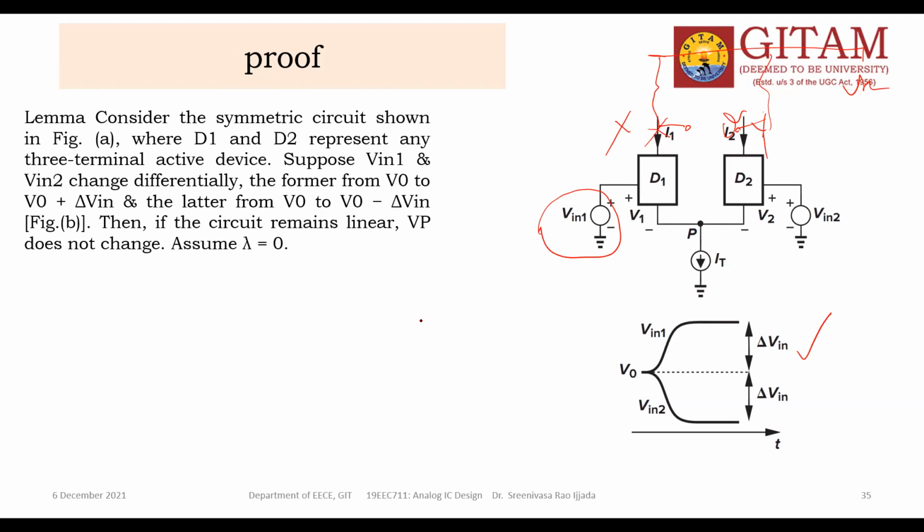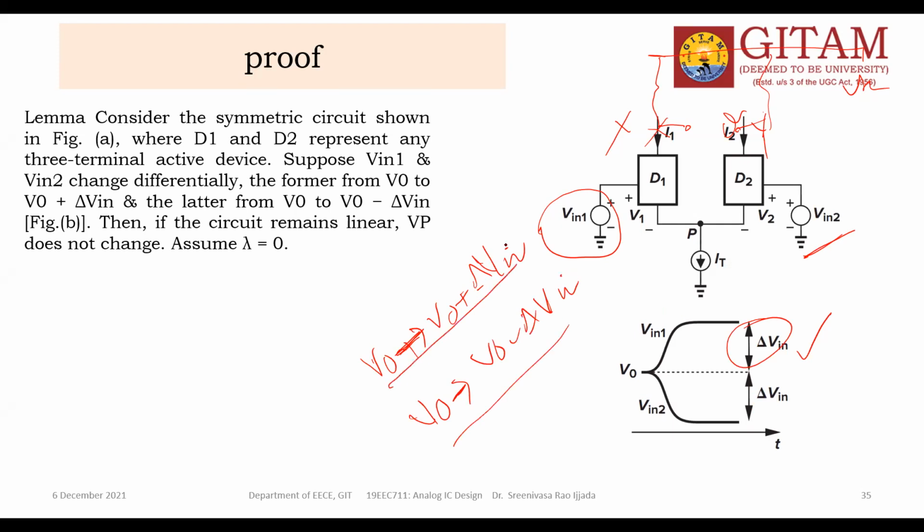Okay. So this is Vin1. I can say this V, that is V0. The equivalent value is V0, plus how much it is changing: V0 plus something, that is V0 plus delta V. At this point, the initial voltage is V0, on the negative side, so that is V0 minus delta V. These are the changes of voltages at the two sources.